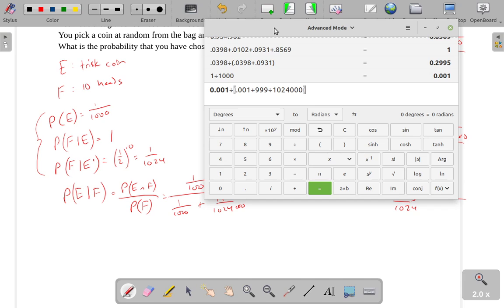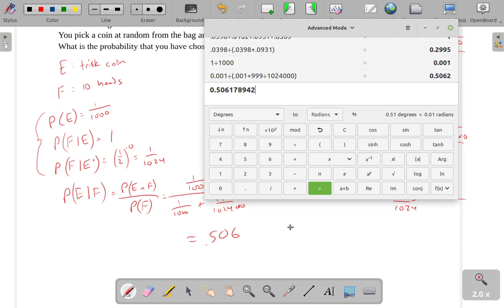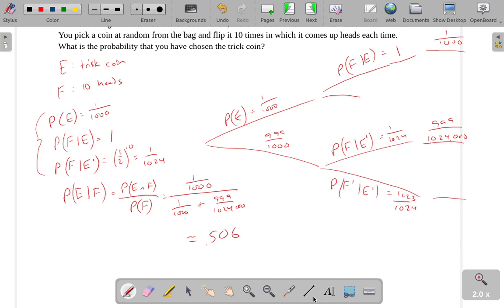So I know that division is going to happen before the addition inside the parentheses because of the order of operations, and you can see there's pretty darn close to a 50% chance. Equals approximately 0.5062. Just slightly more likely than not to have the trick coin.